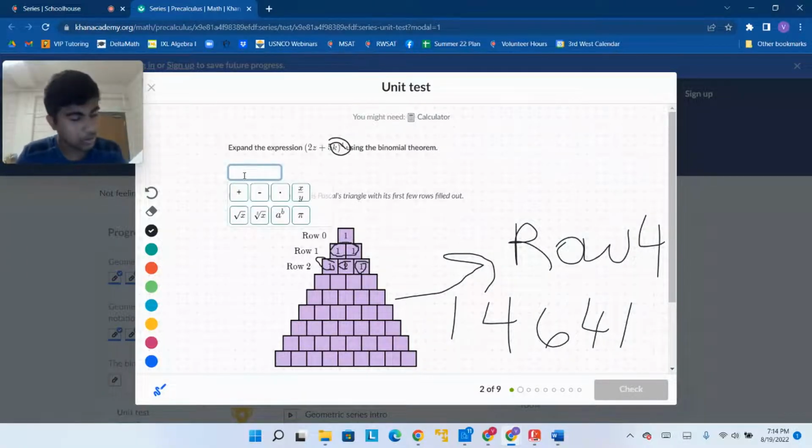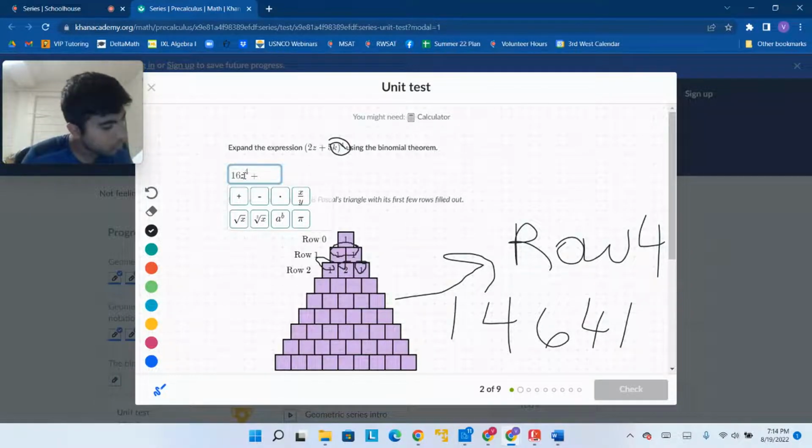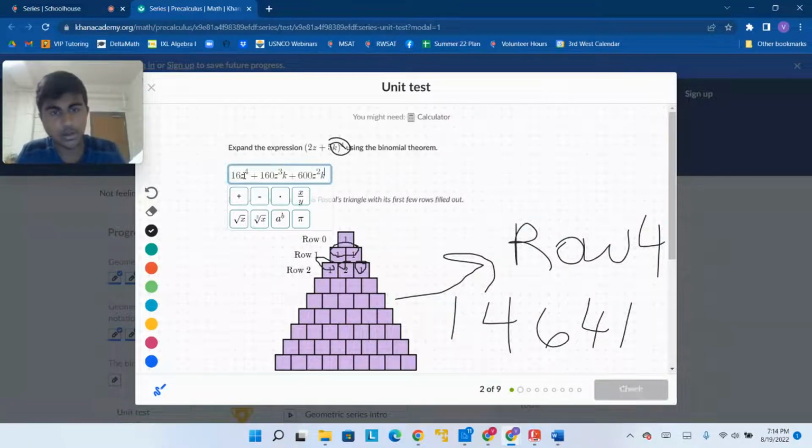2z to the 4th, that's going to be 16z to the 4th, plus 4 times 2 to the 3rd times 5, 20 times 8 is 160, times z to the 3rd k. Now you have 2z squared times 5k squared, which is going to be 600, because you have the 6 times the 2 squared times the 5 squared, z squared k squared.